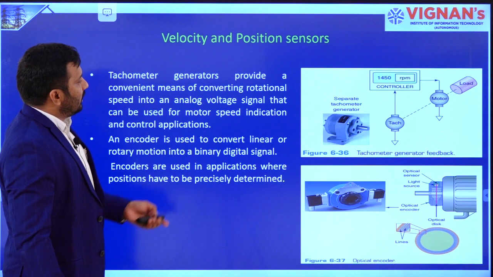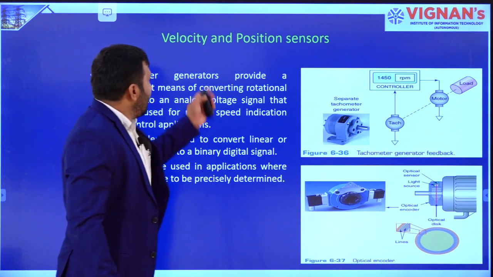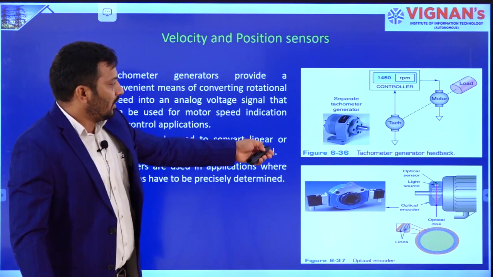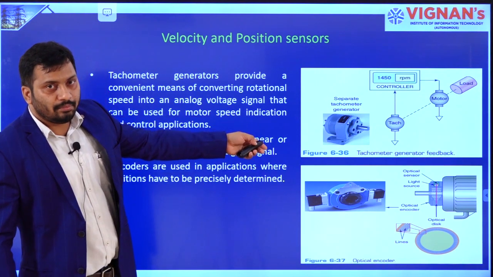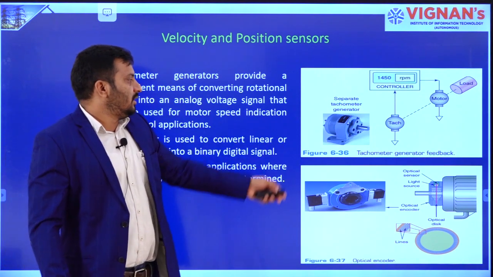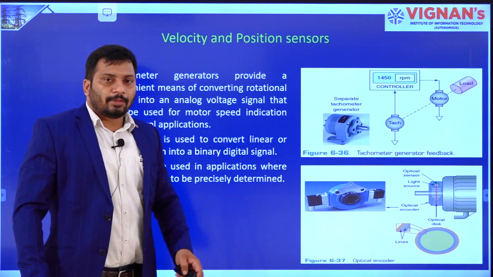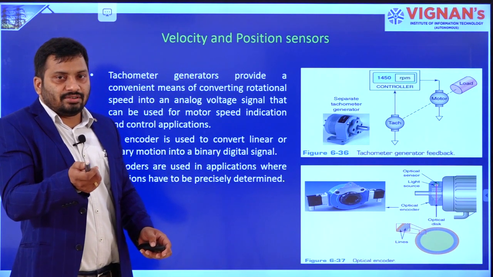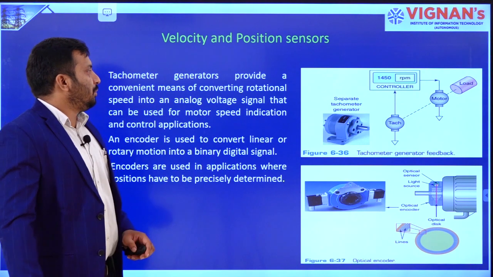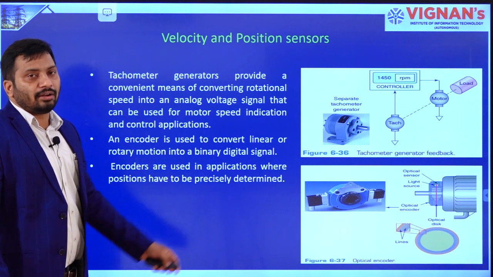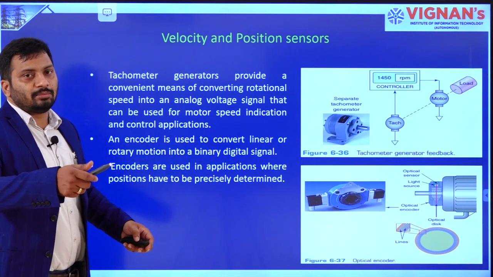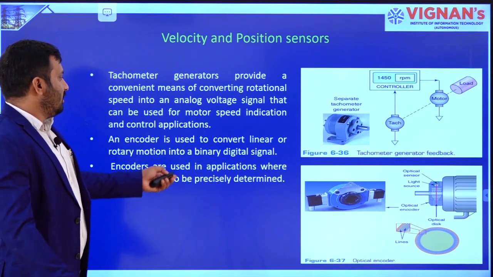And the other ones are the velocity and position sensors. You already saw these two in our electrical labs. One is the tachometer, to measure the rotation of the motor. Another one is the optical encoder to measure the position of the shaft.